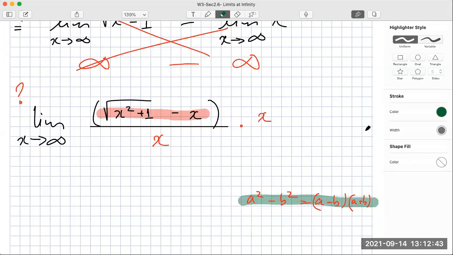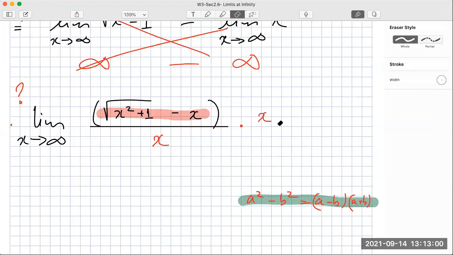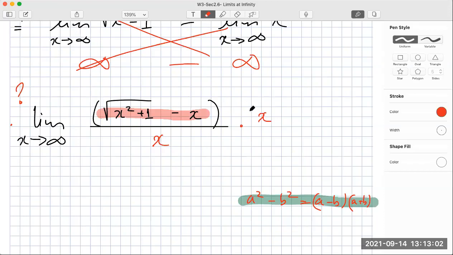Can we just try to square the whole problem? Wouldn't we just get x squared plus 1 minus x squared? Yeah, that is what we are trying to do. But in order to get that, we must multiply with something, which is the conjugate of this guy. It is the square root of x squared plus 1, subtract x here, right?